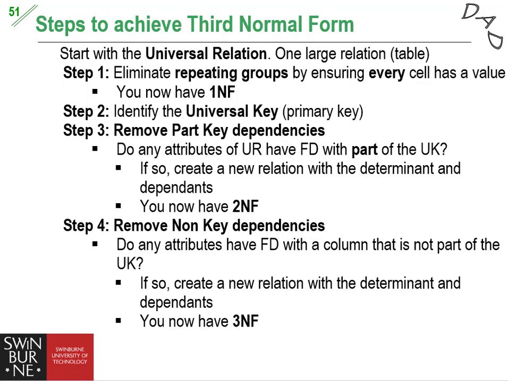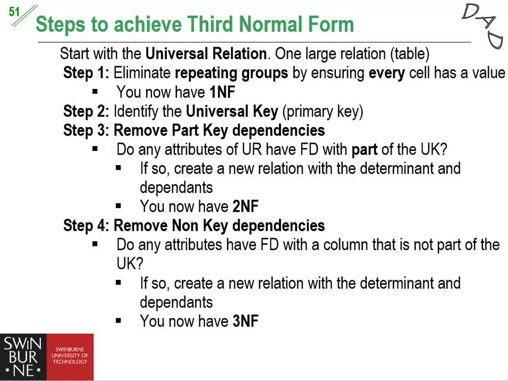So what are the steps to achieve third normal form? We need to start with our universal relation, which is the one large table that looks like an Excel spreadsheet. Step one is to eliminate all the repeating entities or repeating groups by ensuring every cell has a value.